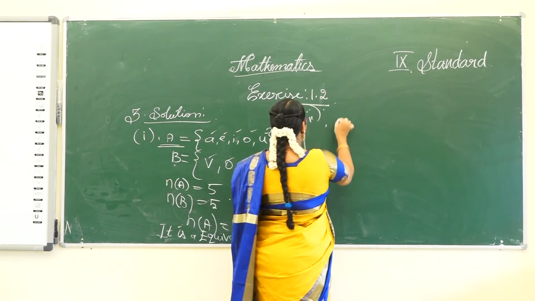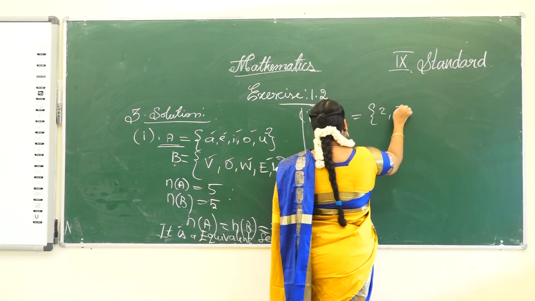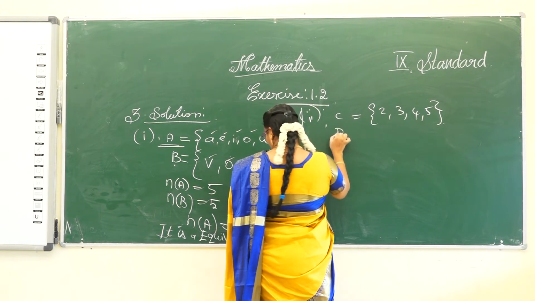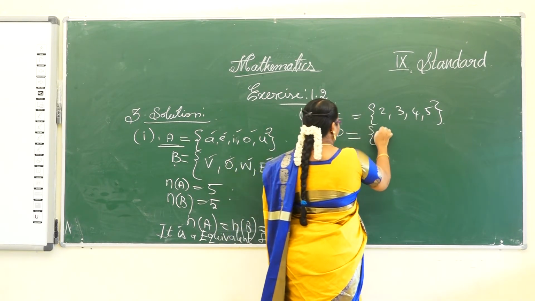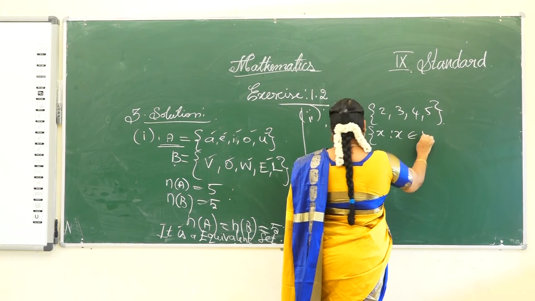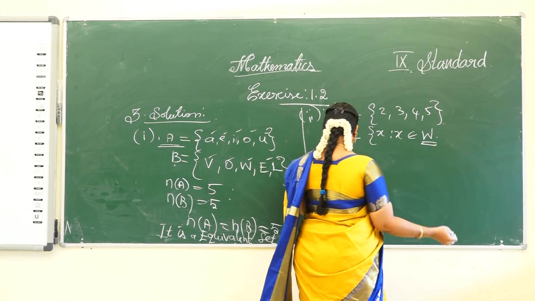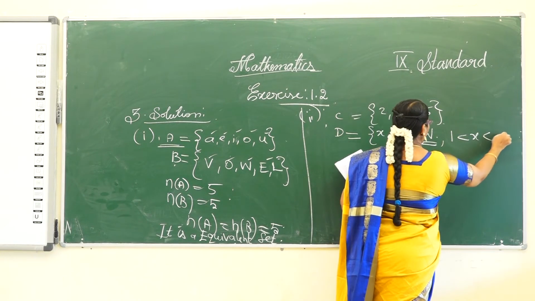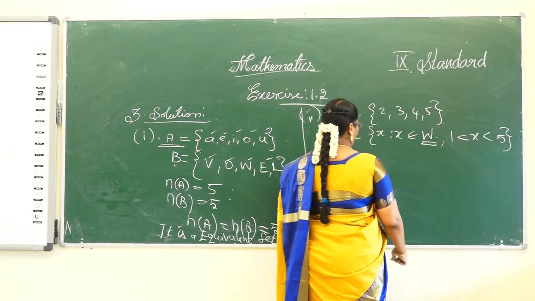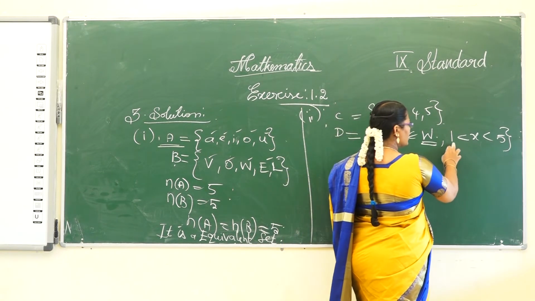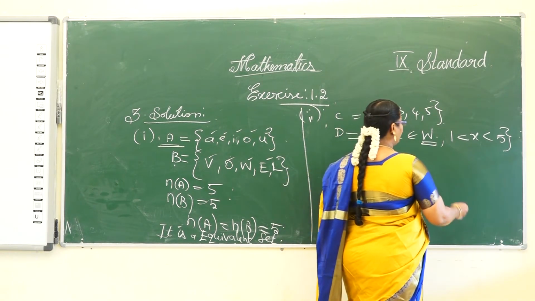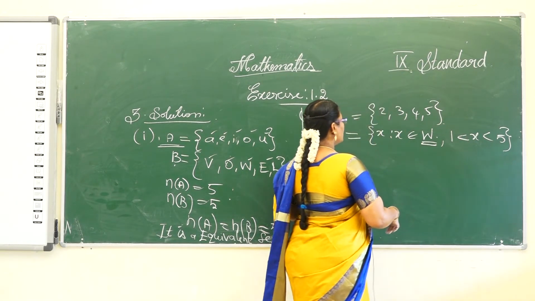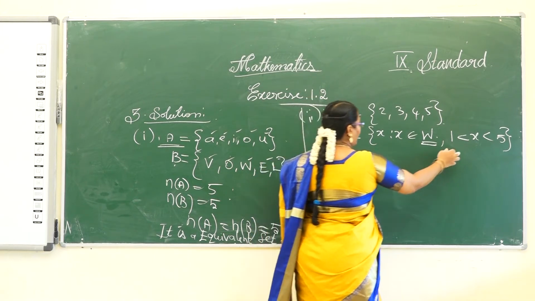Second one, C is equal to 2, 3, 4, 5 and D is equal to x such that x belongs to whole number, in the interval 1 is less than x less than 5. So, how many numbers are there between 1 and 5?